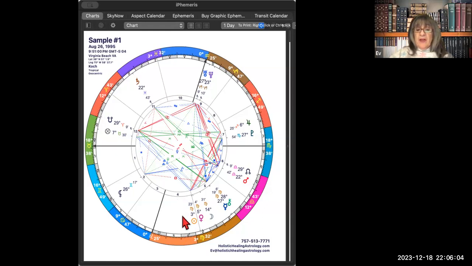Very important. Going to do that again. The sun is in 3 degrees Virgo, 23 minutes in the 4th house. The moon is in 14 degrees Virgo, 31 minutes in the 5th house.